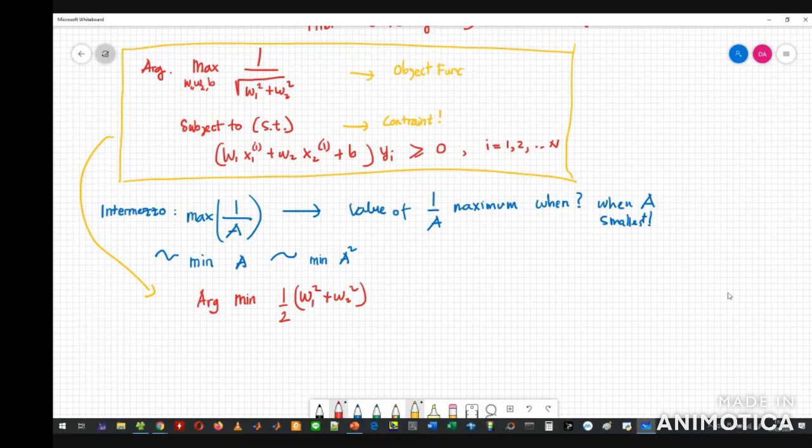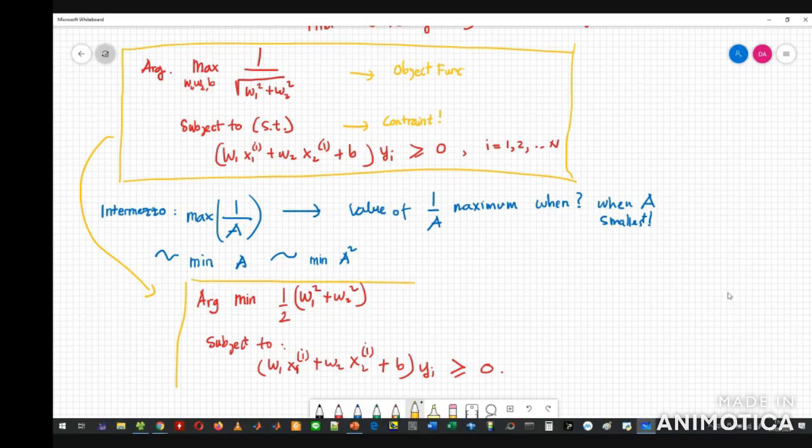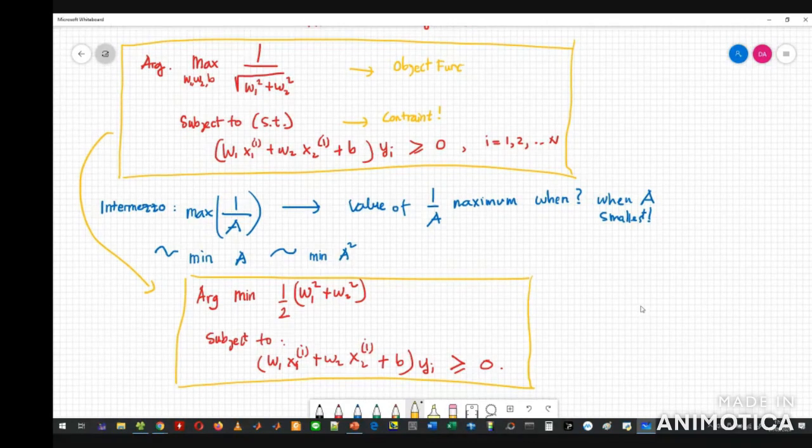The argument I define as a minimization problem, and this one is subject to the same thing as this part. Subject to W1 X1 at i component, plus W2 X2, plus B, then times yi larger than 0. So I have reformulated our maximization problem into a minimization problem. Okay, that's clear. I hope it's clear.